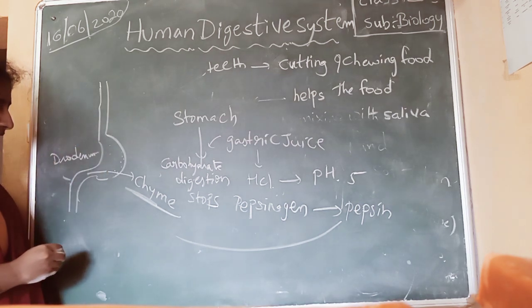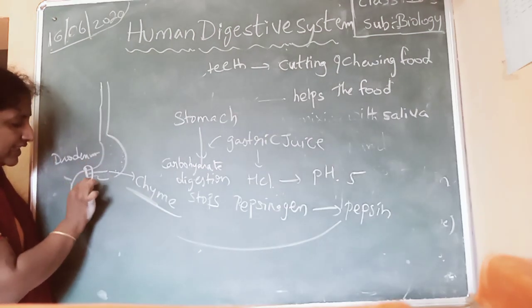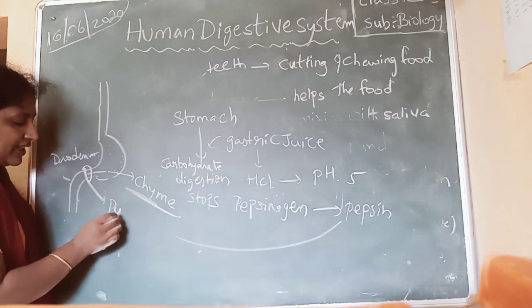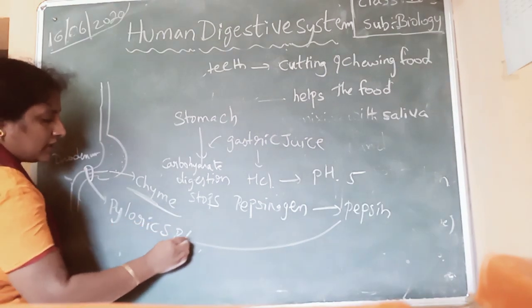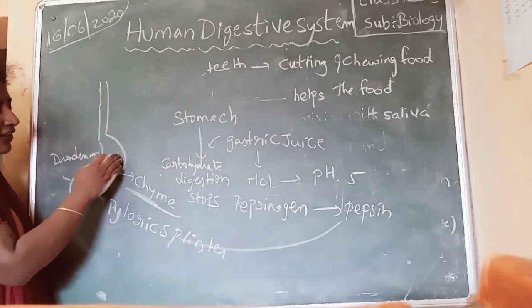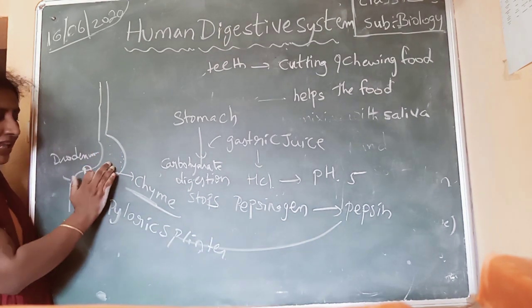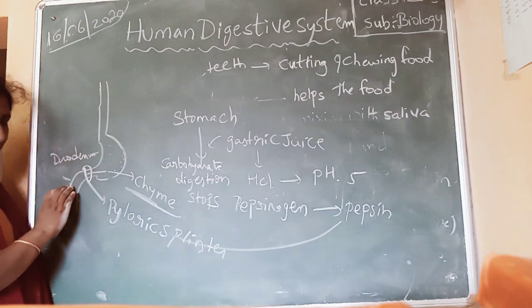Here one more sphincter muscle is present, called the pyloric sphincter. What does it do? It regulates the passage of chyme into the duodenum. The entire chyme is not passed at once.